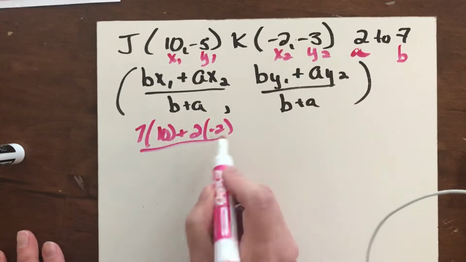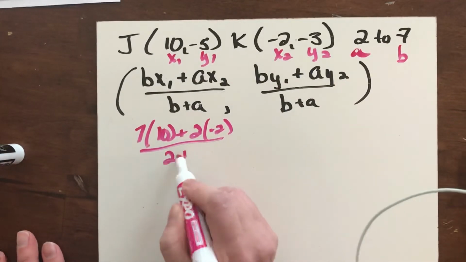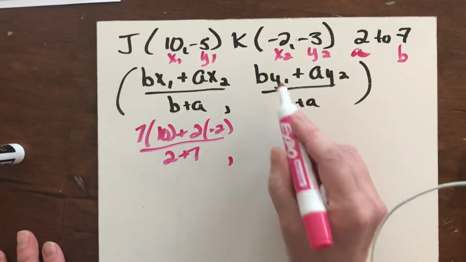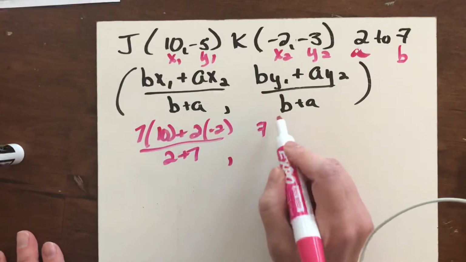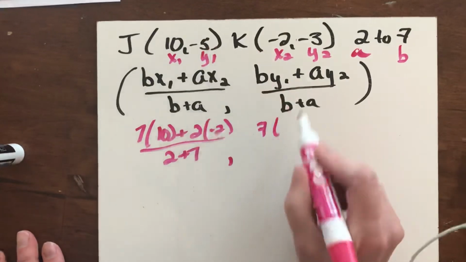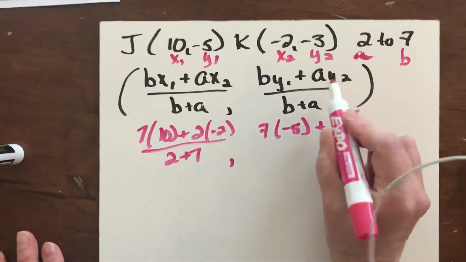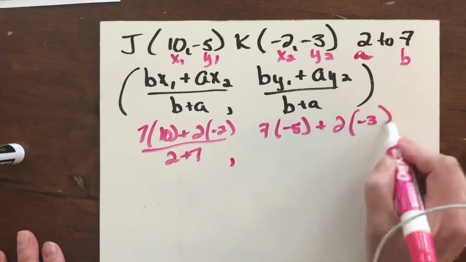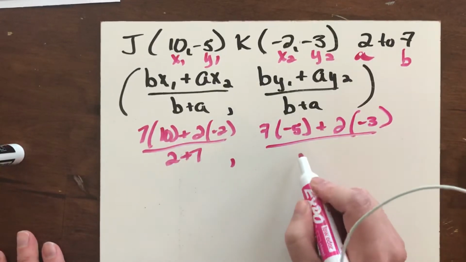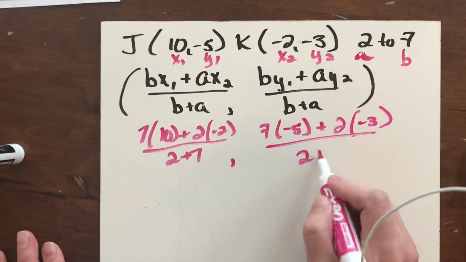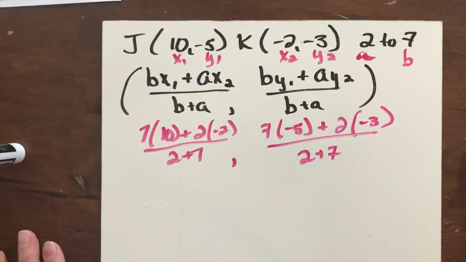And we're going to divide that all over 2 plus 7. Over here, we're going to take B, which is 7, and we're going to multiply it by y sub 1, which is -5, plus A, which is 2, times y sub 2, which is -3. And we're going to divide all of that by 2 plus 7 or 7 plus 2. It doesn't matter. I know y'all are going to say something.